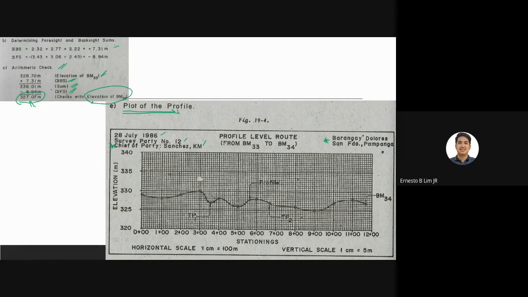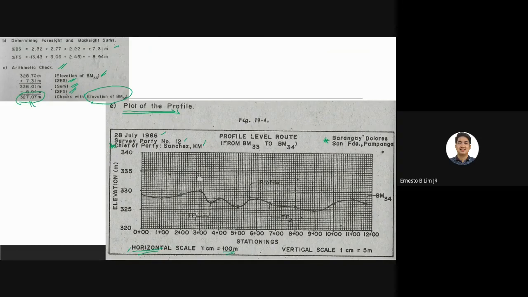Okay, so scaling here is very important. You must have a horizontal scaling, meaning this is for your stationing. So you have 1:100, or 1 cm is equal to 100 meters in actual.